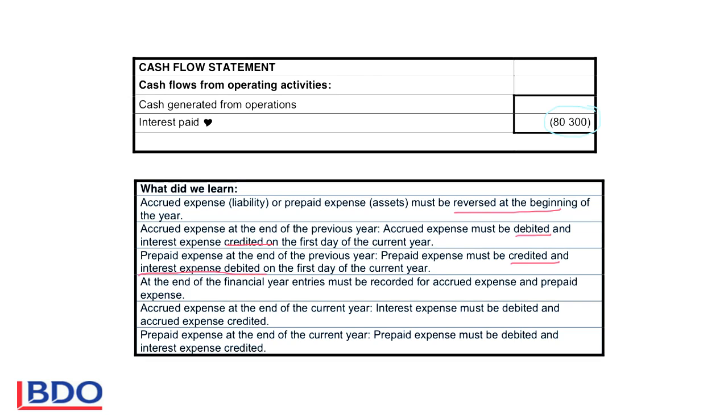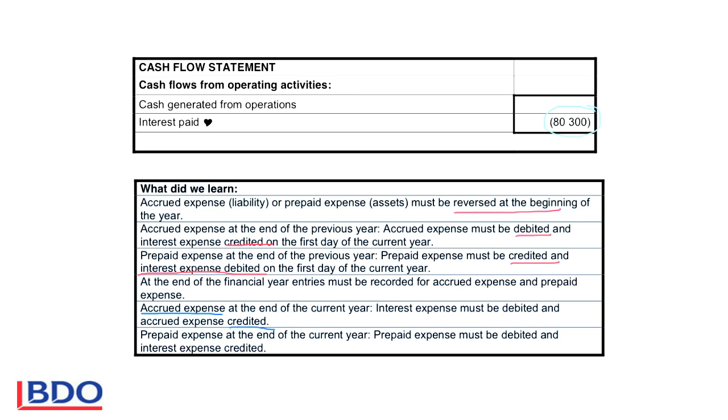At the end of the financial year, you have to record accrued expense and prepaid expense. So you will do it at the beginning of the year when you reverse entries, and at the end of the year when you do an adjustment to do the entries for the current year. At the end of the year, the accrued expense is a liability, and therefore accrued expense will be credited.